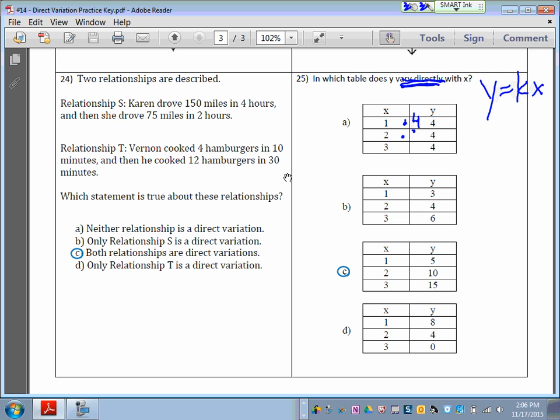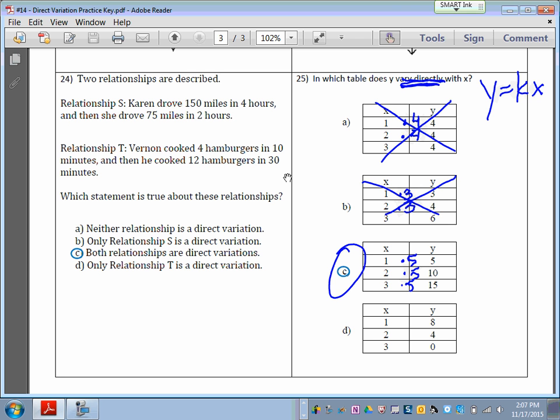Does 2 times 4 give me 4? No, so this one does not work. Let's try the next one. 1 times what gives me 3? 3. Does 2 times 3 equal 4? This doesn't work, so let's try the next one. Times 5, times 5, times 5. They all work. So C's my answer.